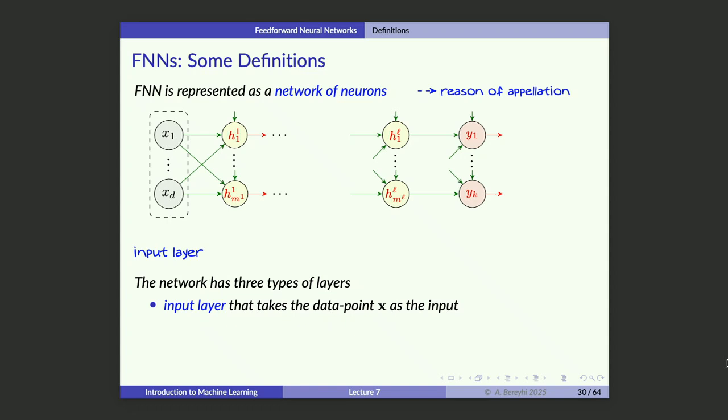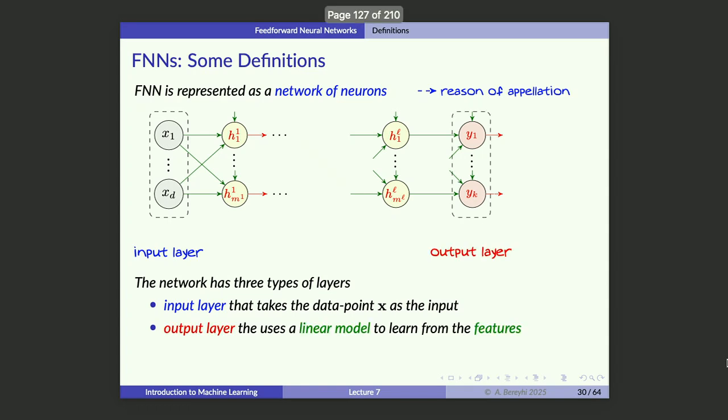Then, once you have done everything, at the very end you are going to compute a bunch of linear computations on the features you extract by that embedding function. That is what we call the output layer.